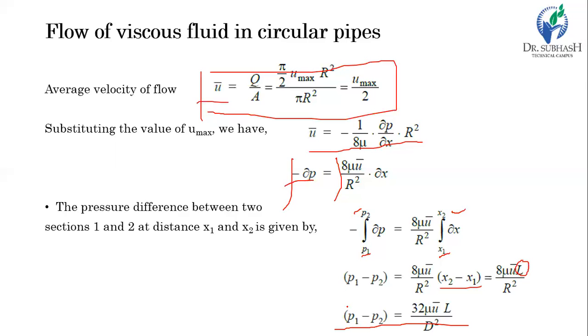But if you want to calculate the head difference, or the total head loss between these two sections, we have to divide this equation on both sides by the specific weight, rho g.